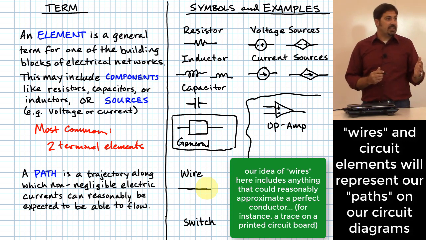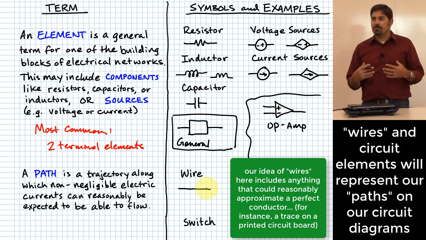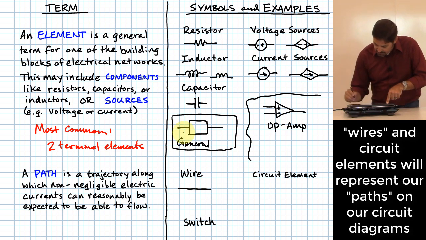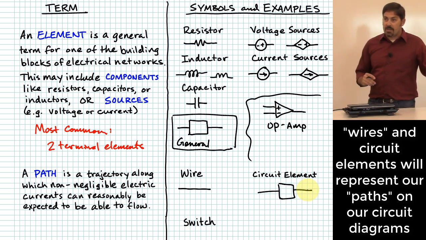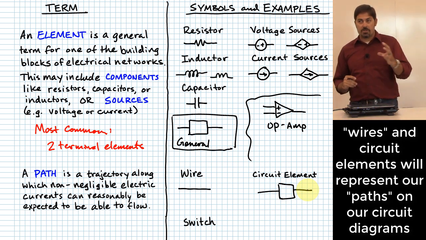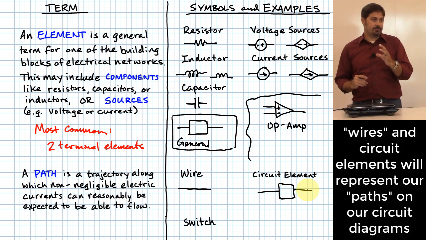Real wires don't really behave that way, but we are going to assume that they behave that way, or at least are close enough to behaving that way that we can model them that way. Okay? I already talked about the general circuit element, so I'll draw that over here as well. A circuit element also represents, in most cases, a path along which current can flow.